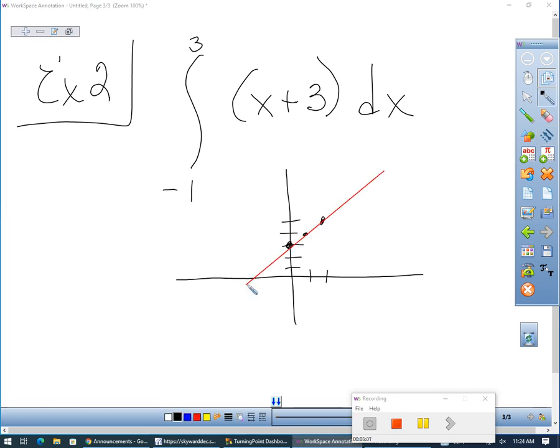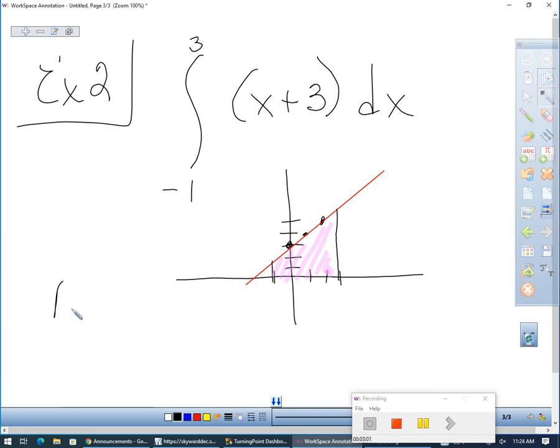Now I have to do vertical lines at -1 and at 3. So I am finding this area right here. What kind of shape do we have this time? We have a trapezoid, exactly.